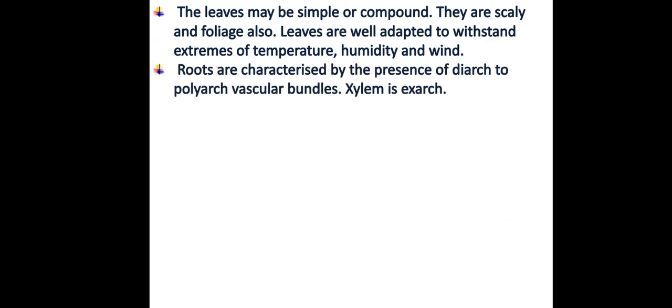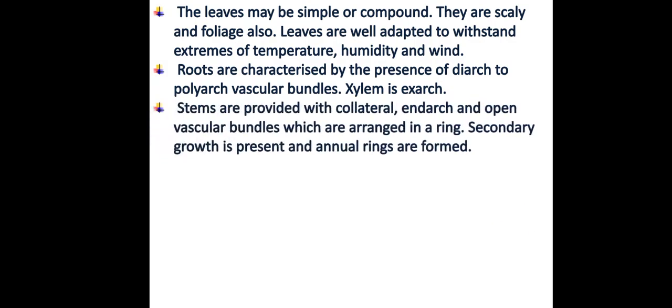Roots are characterized by the presence of diarch to polyarch vascular bundles, and the xylem is exarch. Stems are provided with collateral, endarch, and open vascular bundles, which are arranged in a ring. Secondary growth is present and annual rings are formed.